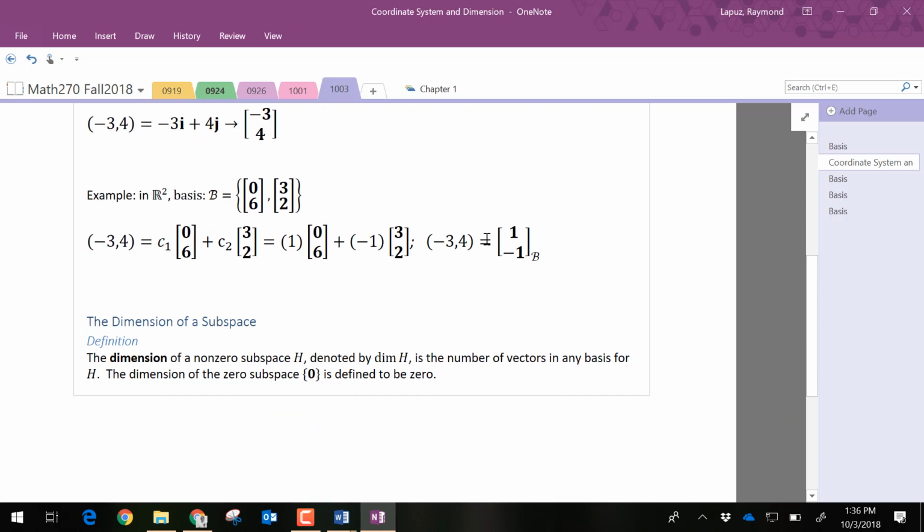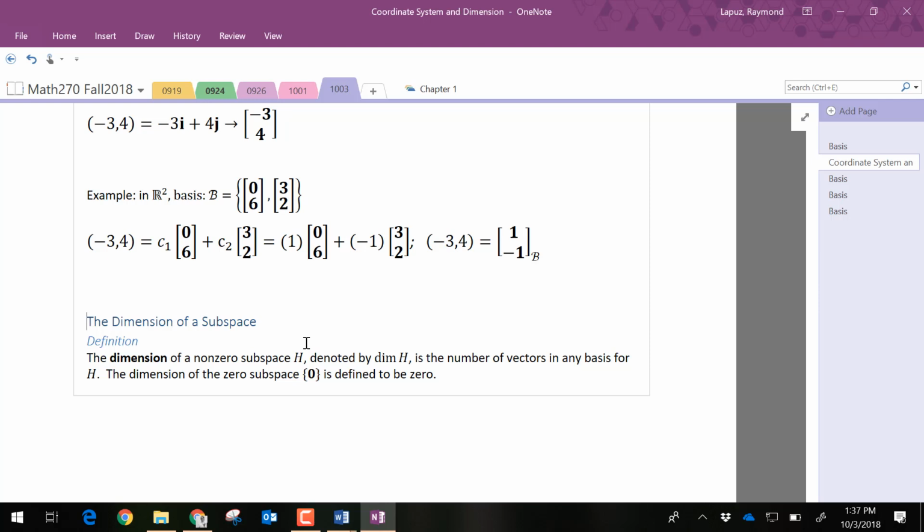Okay. I've got a nice example for this too. We'll talk about it in a minute, but let's talk about the dimension of a subspace. The dimension of a subspace is the number of vectors in your basis. We would say a zero-dimensional vector space.